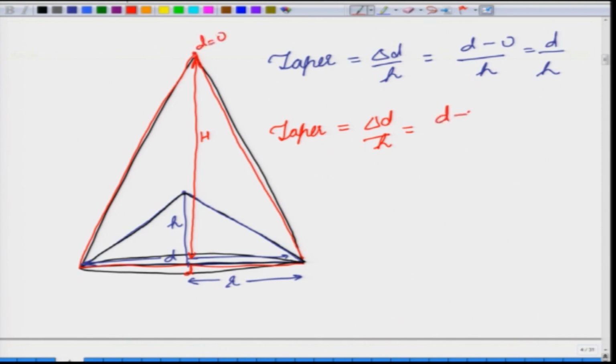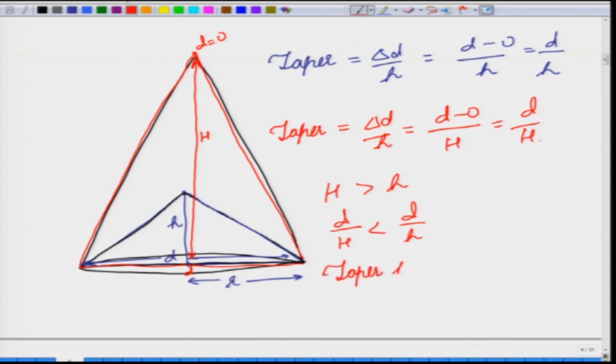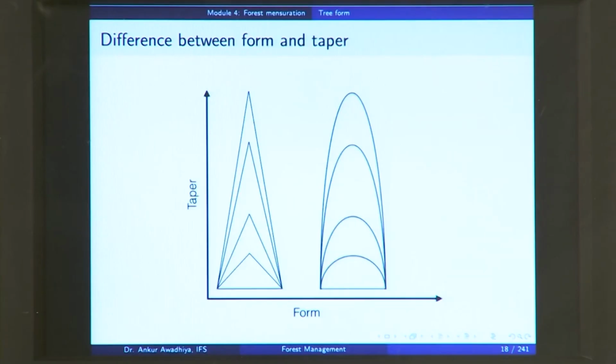So, you have d minus 0 divided by the height H is equal to d by H. Now, because H is greater than small h, so d by H is less than d by small h. So, we can say that the taper for the red form is less than the taper for the blue form, and this is what we are representing in this figure as well.